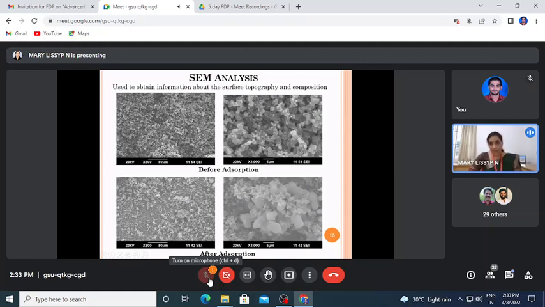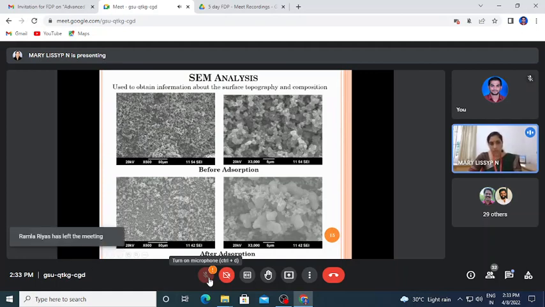Same way after adsorption, this is 50 micrometer and this is 5 micrometer. Some changes have taken place after adsorption, meaning the metal ions got adsorbed onto this nanoparticle.